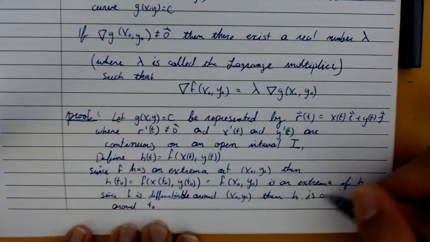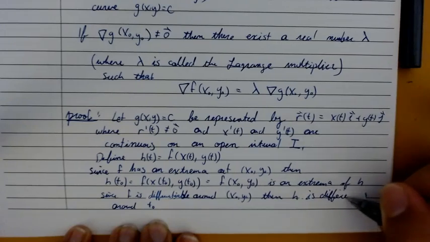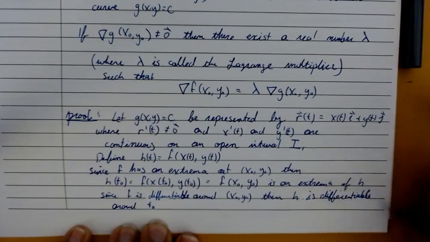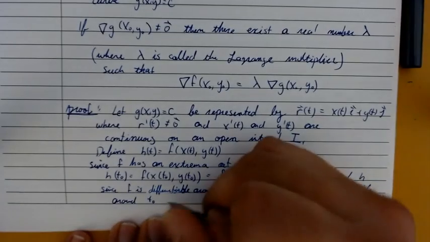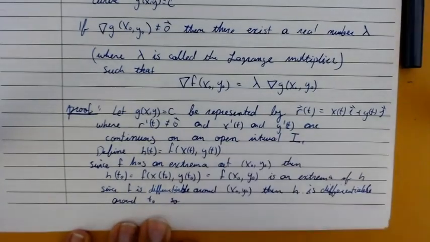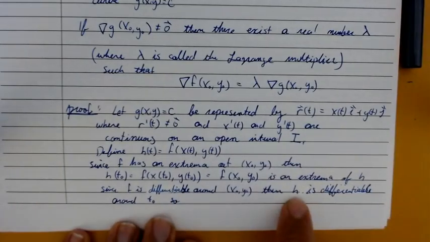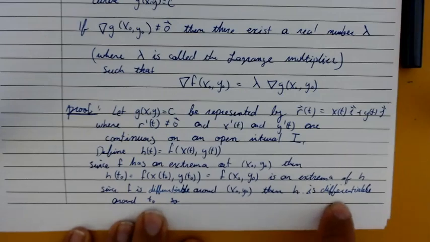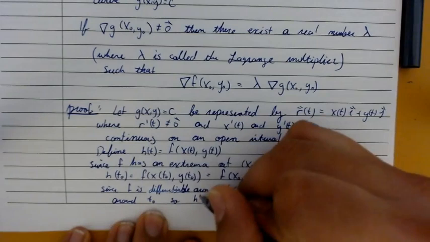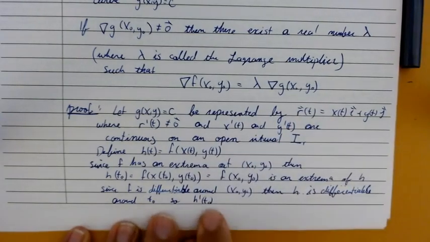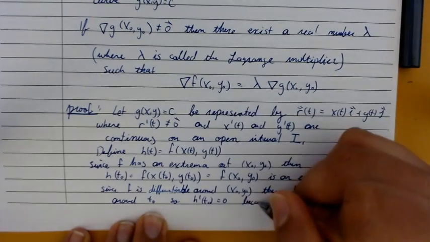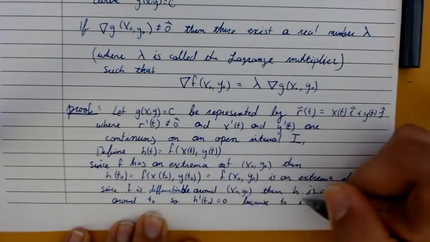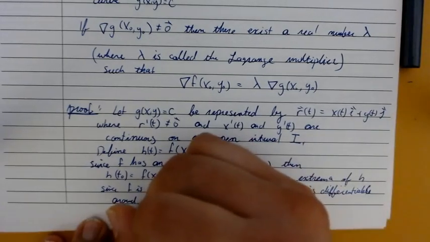So then h is also differentiable, in the Cal 1 sense, since it's a function of one variable, it's differentiable around t naught. So, since that's an extrema, then either the derivative is undefined or 0. But we know it's differentiable. It has to have a derivative. So then that must mean that h prime at t naught has to be defined since it's differentiable, so then it must be 0. Because t naught is a critical number of h.